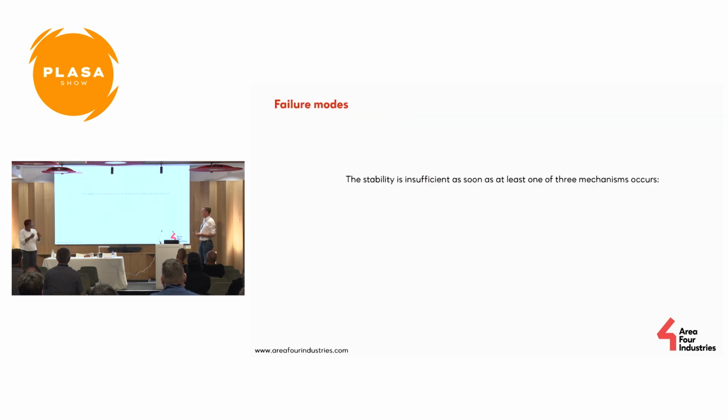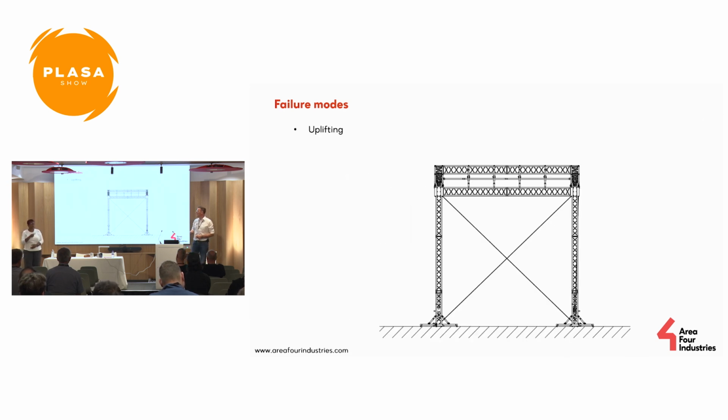Let's switch. Then the question is, what gives the stability, or what means stability of a structure? And the stability is not given anymore when one of 3 different failure mechanisms occur. And these 3 failure mechanisms can be uplifting, or overturning, or sliding. And let's have a look on the uplifting.